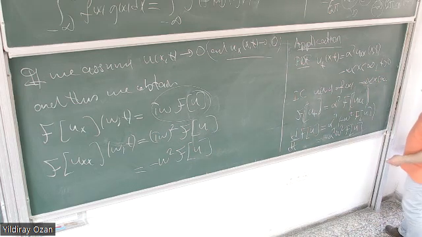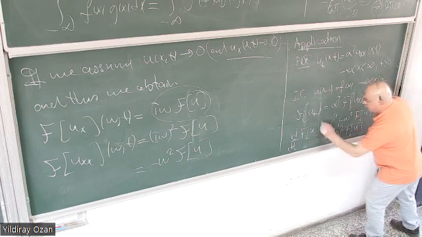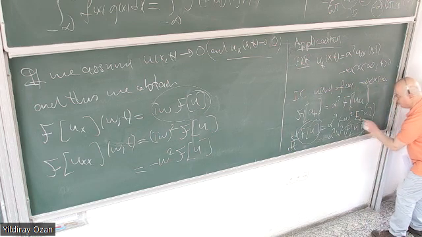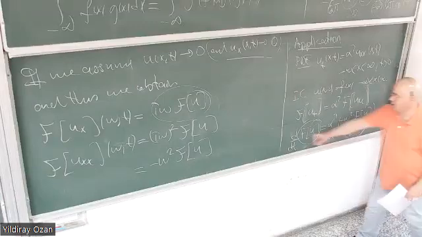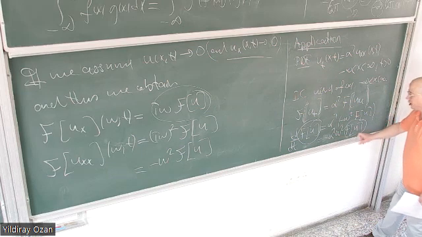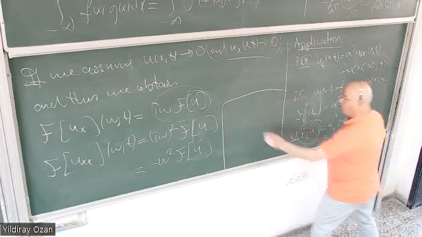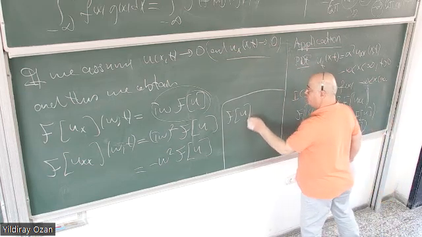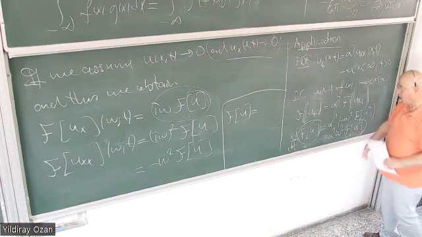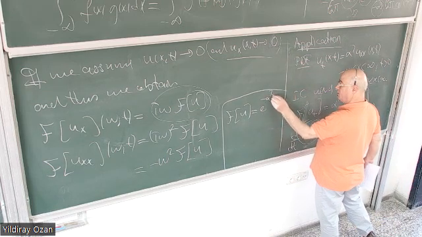Yani ne elde etmiş olduk? So we obtain a first order ordinary differential equation. This is our variable function, whatever it is. Its t derivative is just minus alpha squared w squared times F of u. And actually, we can just solve, right? Which function has this property? E to the power minus alpha squared w squared t.